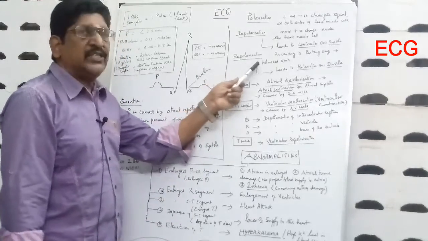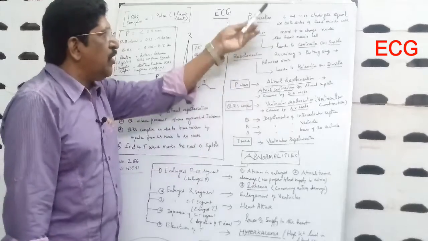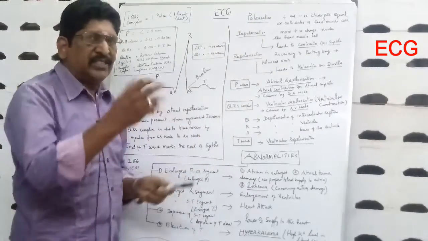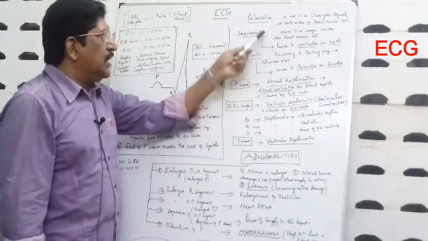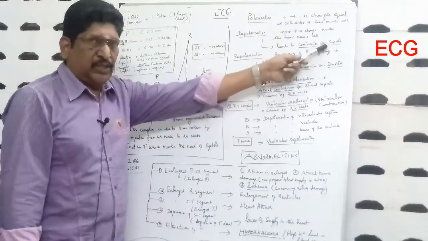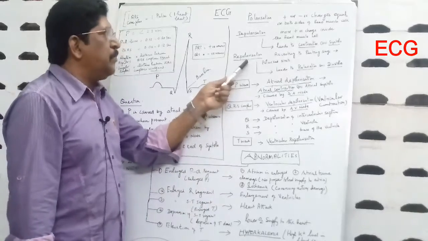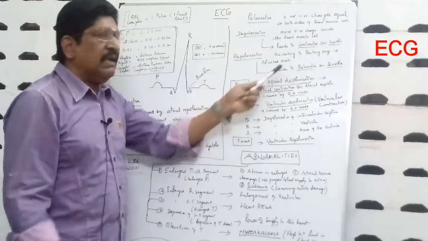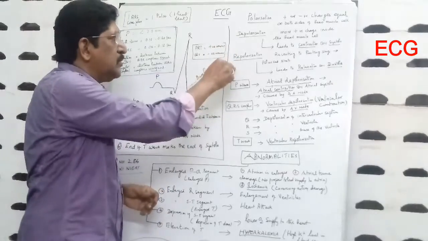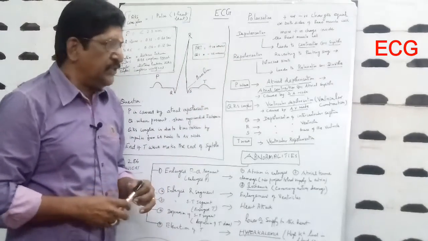Third, repolarization, that is the reversal of the polarized stage. That leads to relaxation or diastole. Depolarization leads to contraction or systole, whereas repolarization leads to the relaxation or diastole. So these 3 things you must know about this ECG.